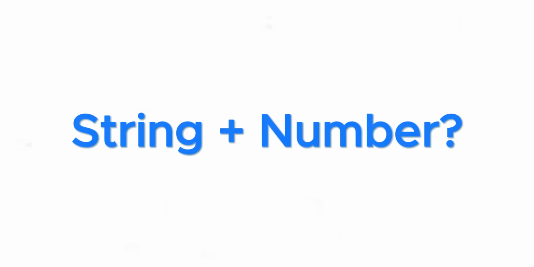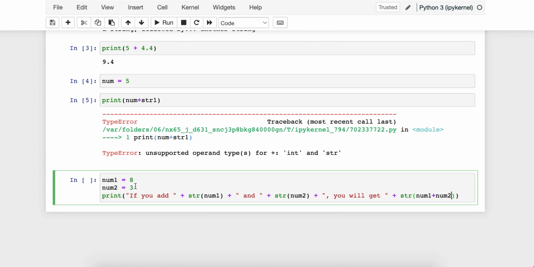What if you need to concatenate a string and a number in the same print statement? I mentioned this in the last video, but we can use casting to solve this. String casting specifically. Now I'll paste some code in Jupyter Notebook. Don't worry if it looks complicated. What it's basically doing is concatenating strings and numbers which have been casted.